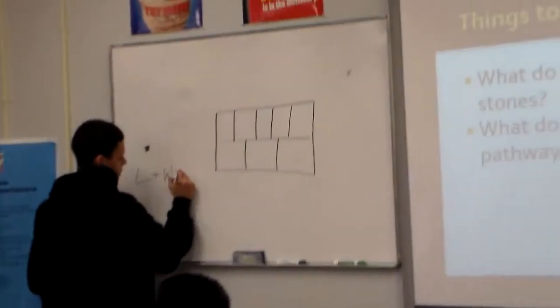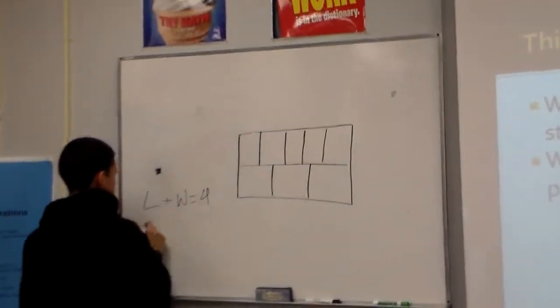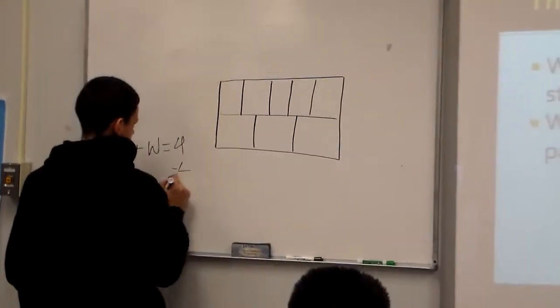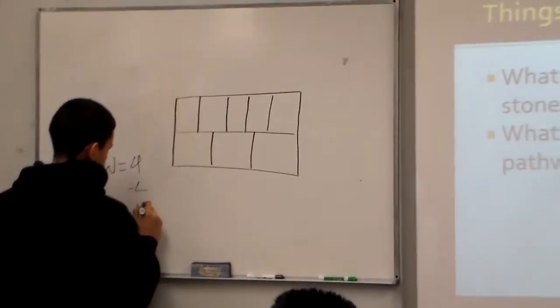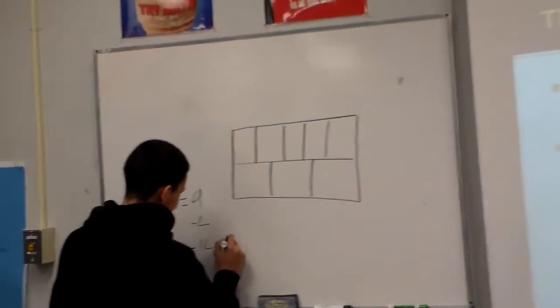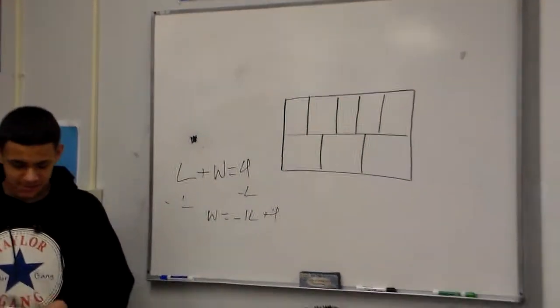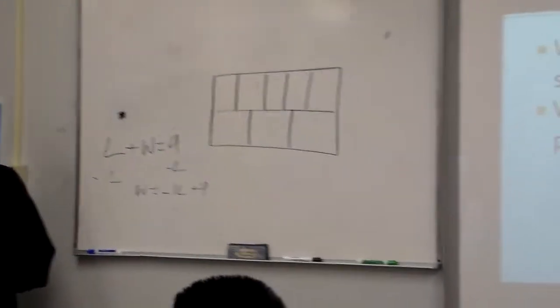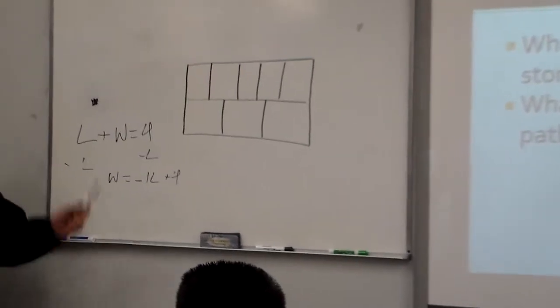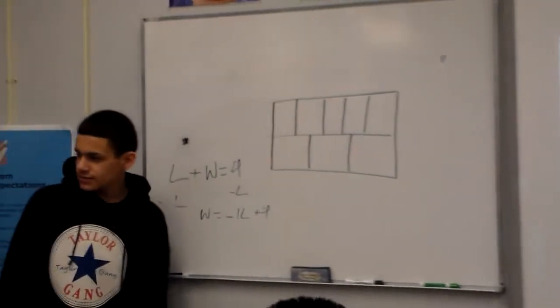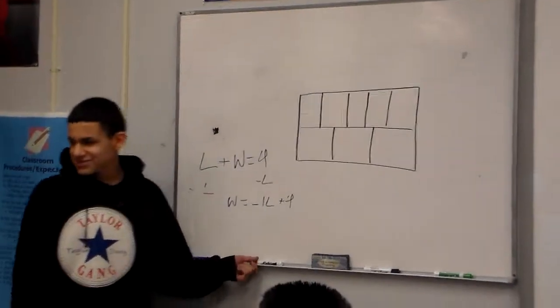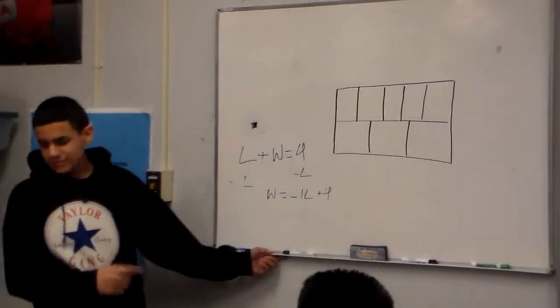And then we simplified it by subtracting L from both sides. And we got negative 1 L plus 4 equals. Good. Why did you do that step? Because we had to get one of the variables on one side, so we could graph it.